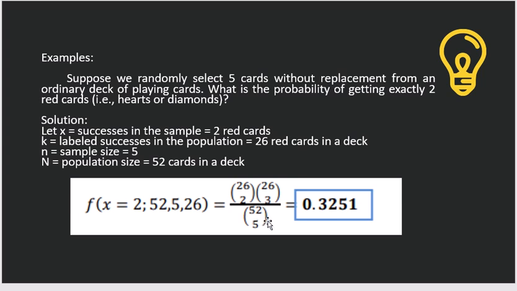So, we have 52 choose 5, which equals 0.3251. This 5 that is being asked for will be your n. So here, we just take it one by one. You start from 2, then follow by 3.